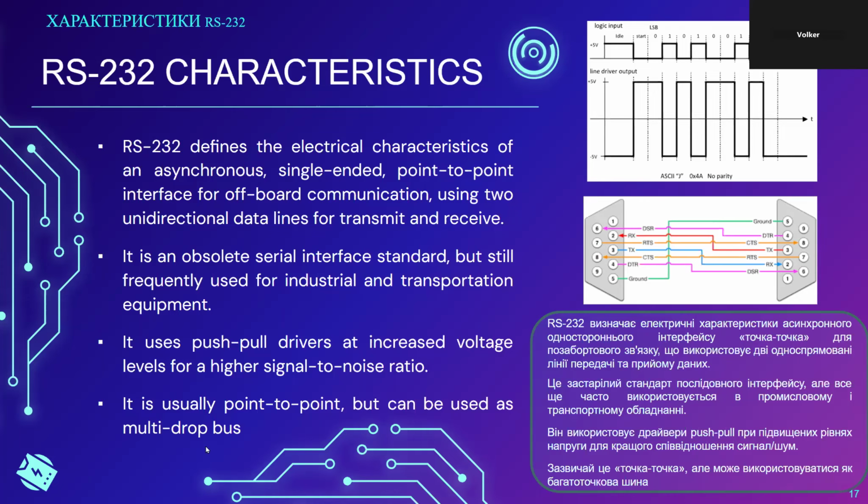So the signal level 1 is used as a negative voltage, and the bit for 0 is a positive voltage.